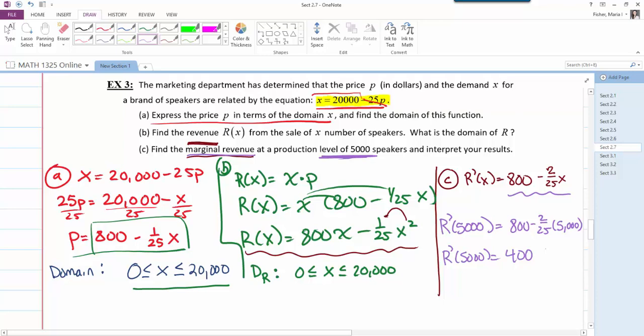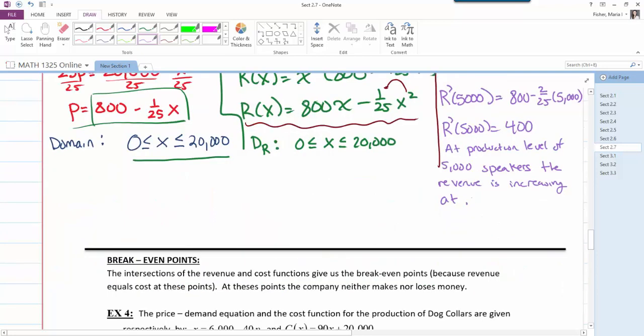It says interpret our results. What does that mean? It means that at a production level of 5,000 speakers, the revenue is increasing at a rate of $400.